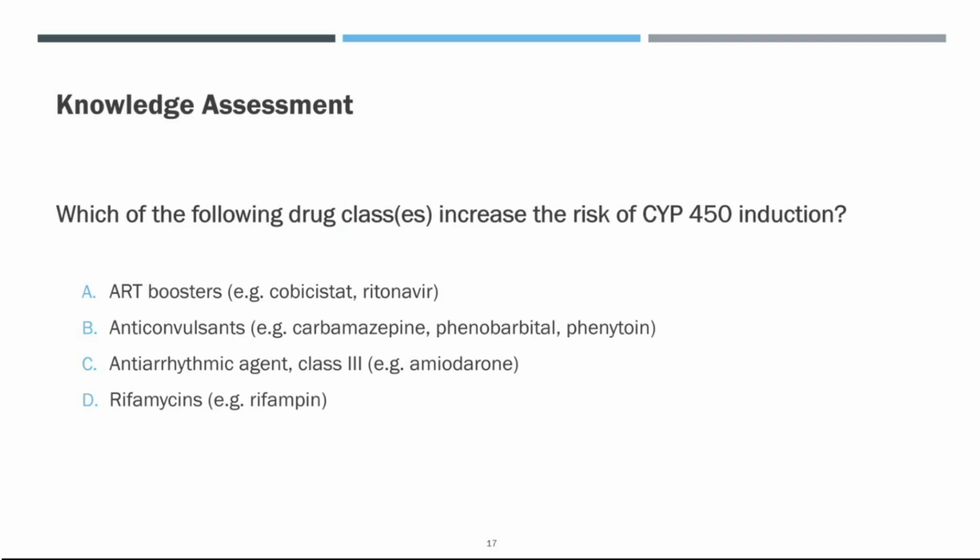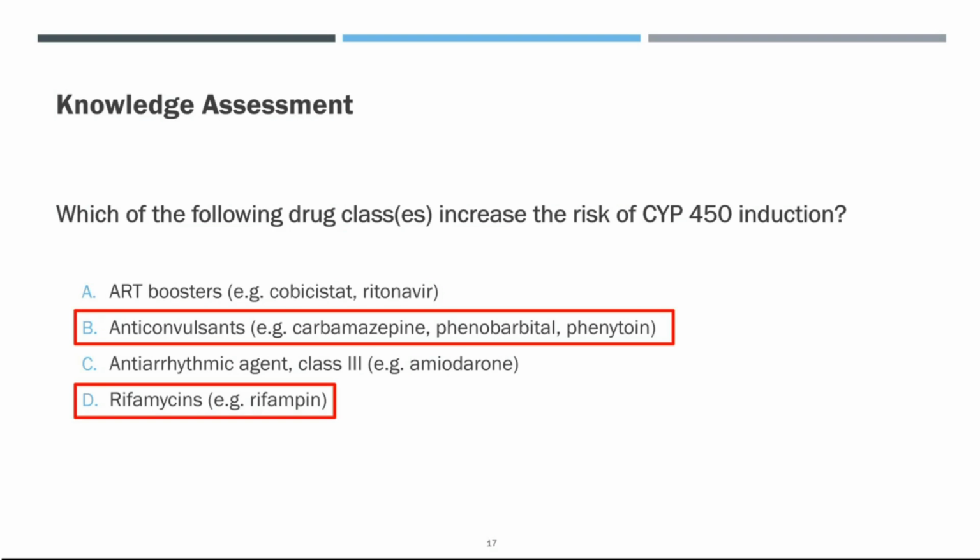B and D. Okay, yeah, so looks like everyone's on track. So anticonvulsants are the biggest known inducers, and also rifamycin as well. Versus the ART boosters, so cobicistat, ritonavir, and certain antiarrhythmic agents are known as inhibitors, not inducers.